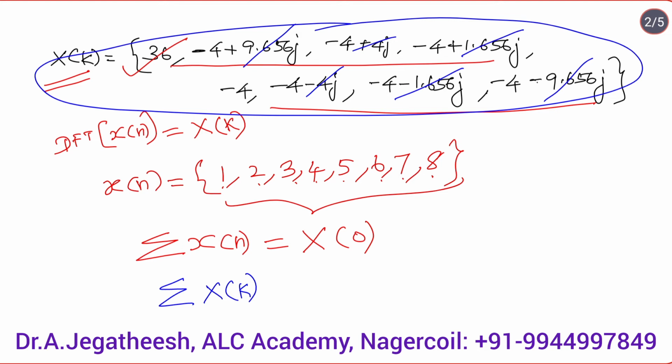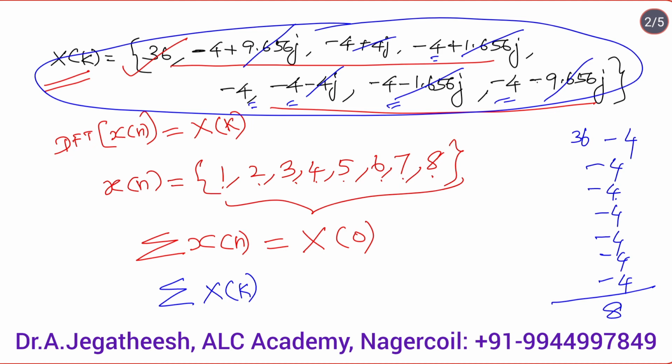Now you have 36 minus 4, minus 4, minus 4, minus 4, again minus 4, again minus 4, again minus 4. 36 minus 4 is 32, 28, 24, 20, 16, 12, and overall you will get 8.